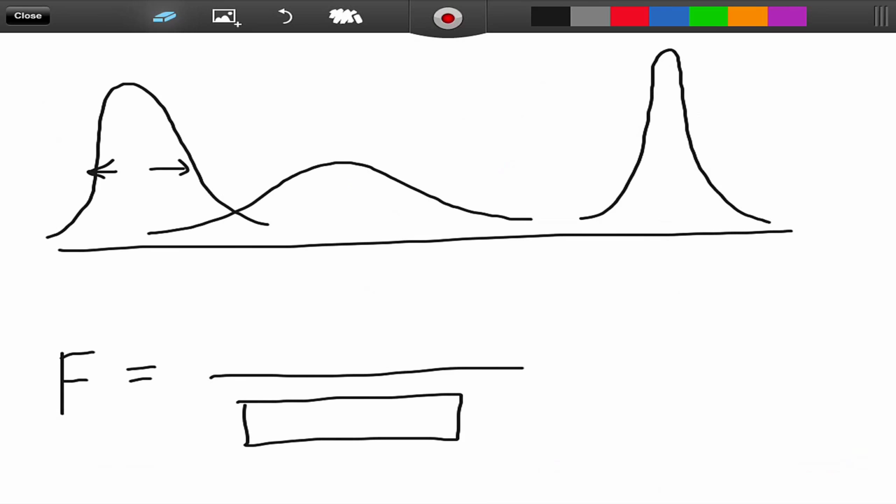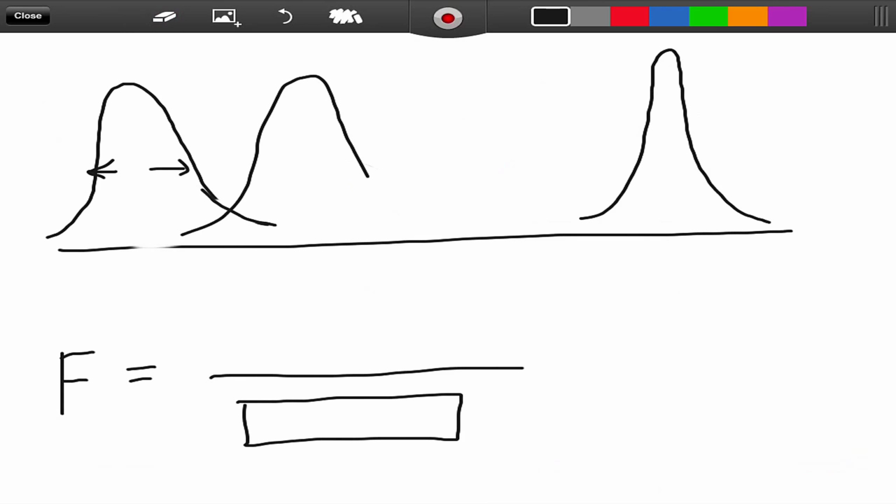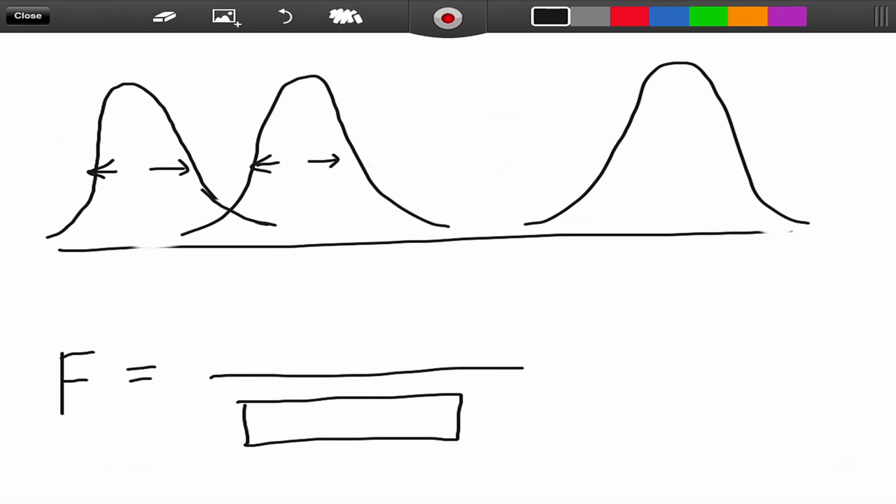So if we can get in a situation where we know that our distributions have basically the same shape, same variation, then what happens?